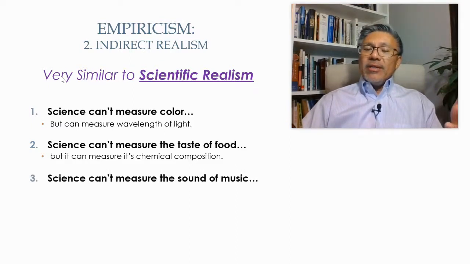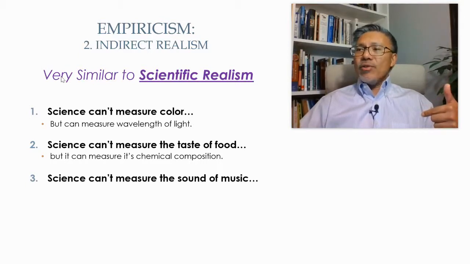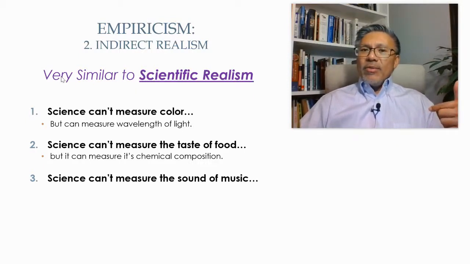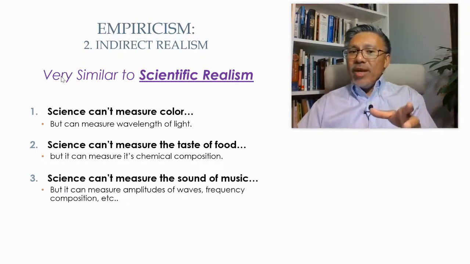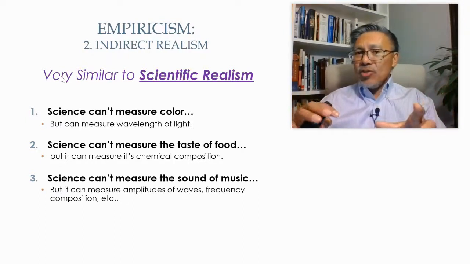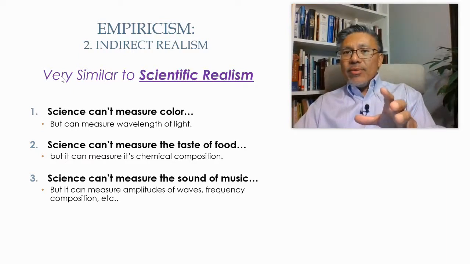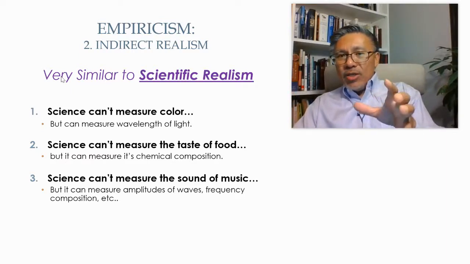We can say to somebody, "Hey, that's too loud," and they say that's too soft, or somebody can go, "That's really obnoxious music," and the other person goes, "Well, I think that's really peaceful." We can't necessarily measure that, but we can take a look at the amplitude waves and the frequency composition of the music, right? That we can know.